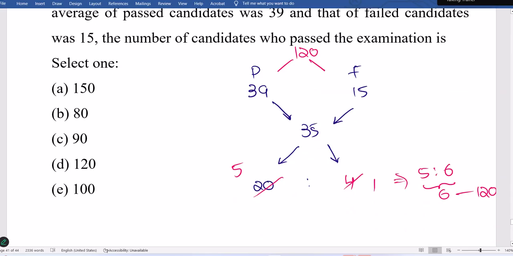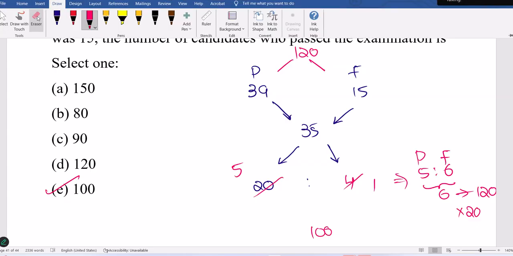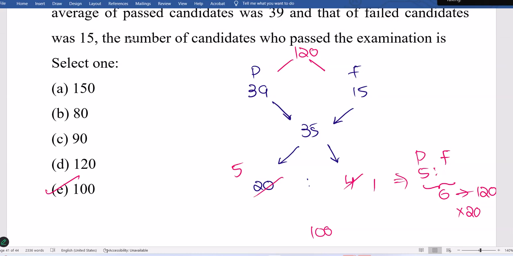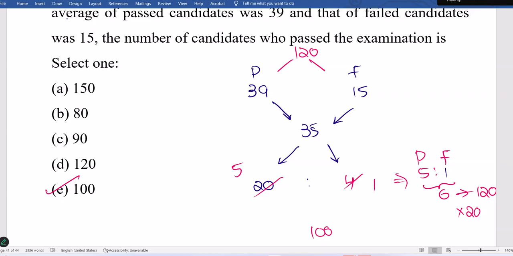So pass is 100, failed is 20. The number of students passed is 100.